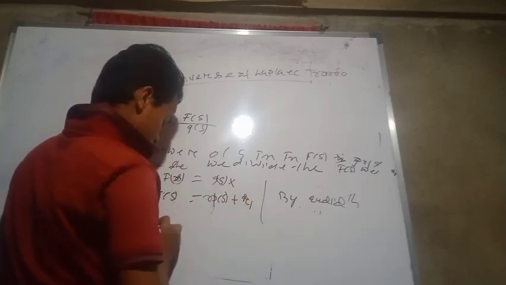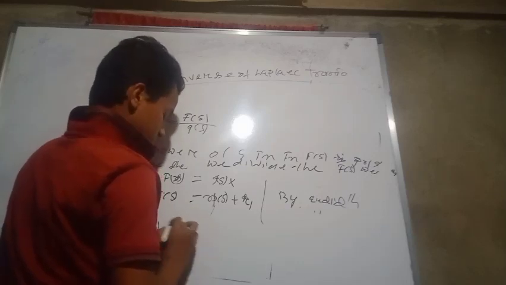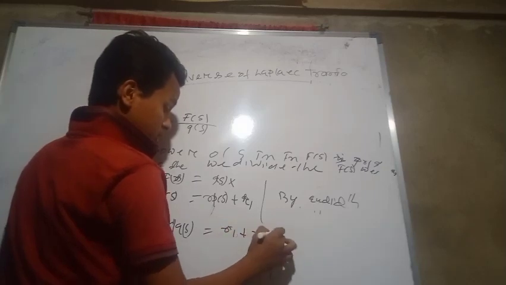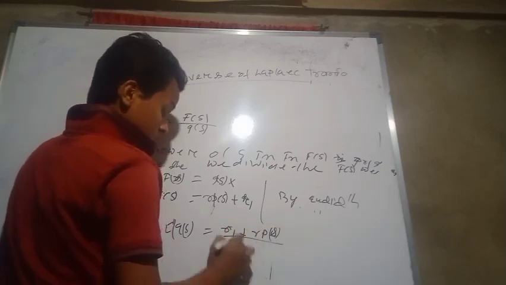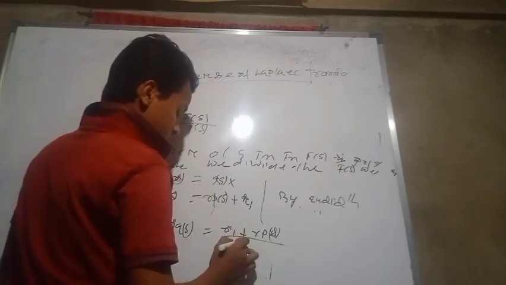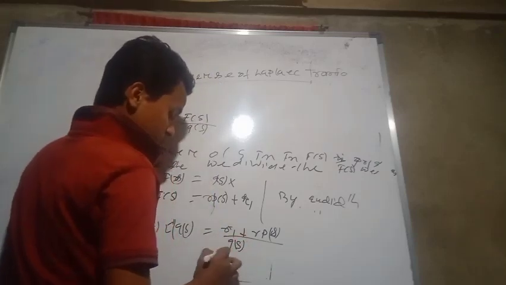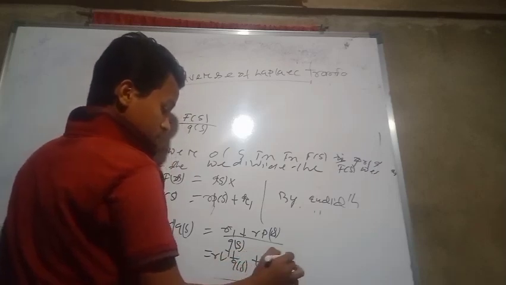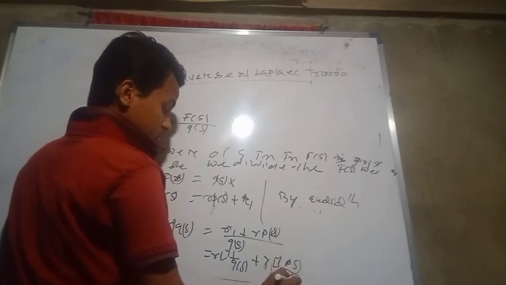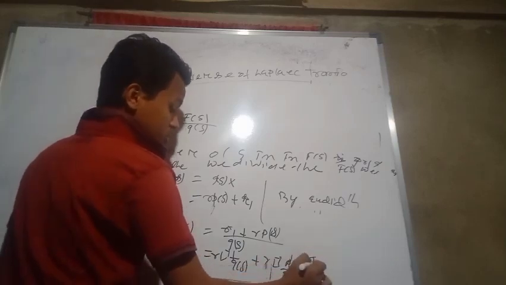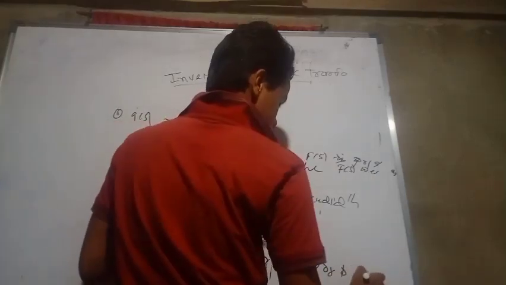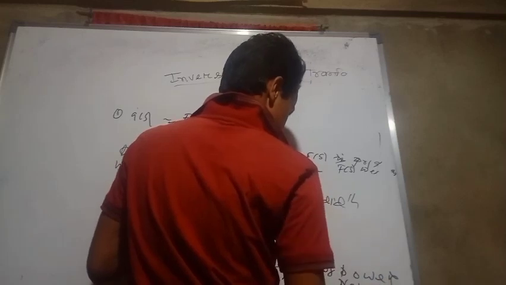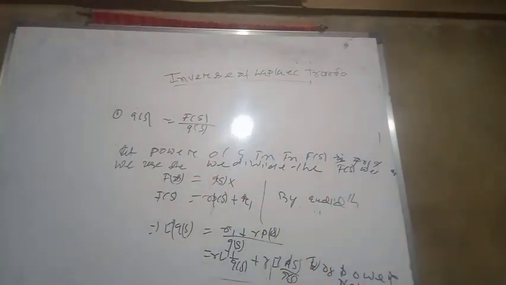So it will reduce to the inverse of q of s times g of s plus r1, the inverse of p of s by g of s. Obviously, the power of p of s is less than the power of g of s.